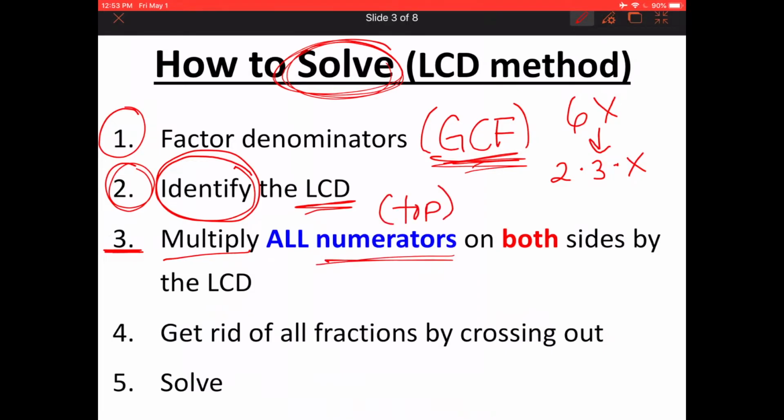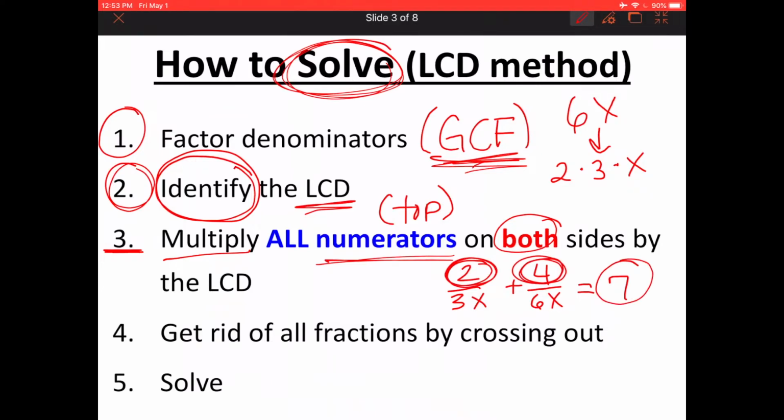Remember, the numerators are the top parts of the fraction. So you multiply everything on top on both sides of the equal sign. So if we have 2 over 3x plus 4 over 6x equals 7, you multiply everything in the numerator on both sides of the equal sign.